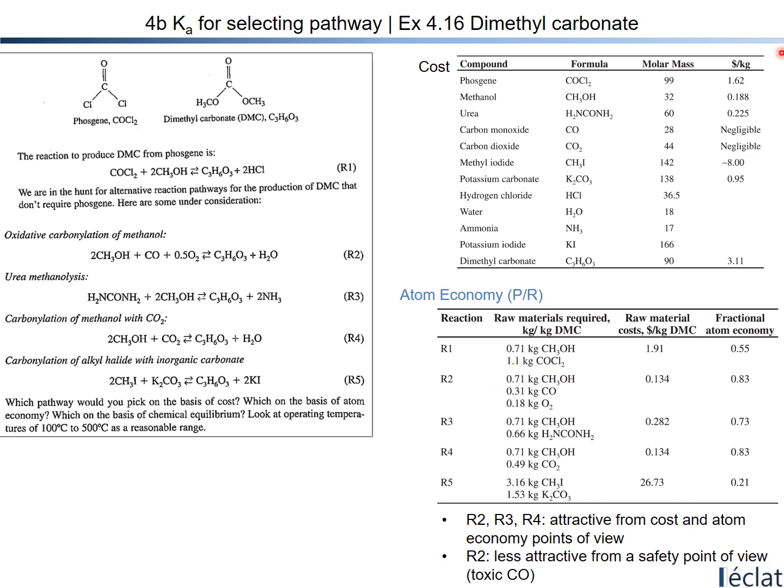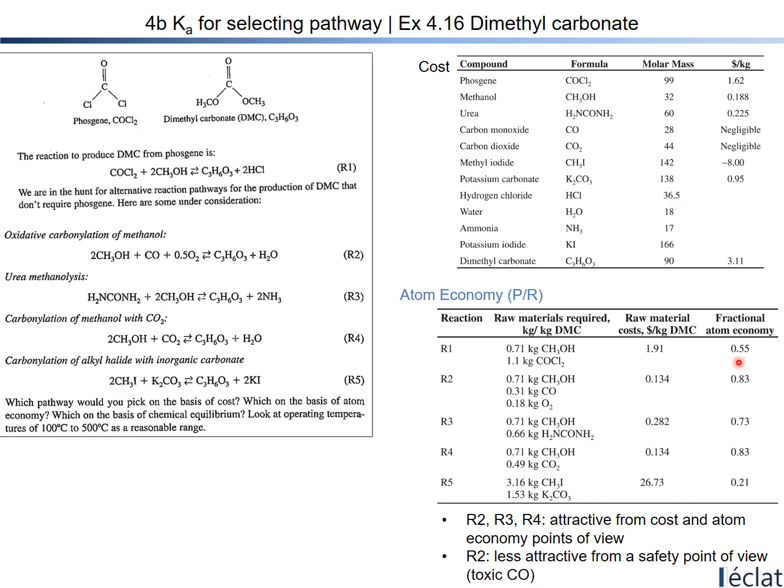By using the cost information, we could calculate the raw material cost. In this case, $1.91 for making 1 kilogram of DMC. Also, we could calculate the fractional atom economy based on the molar mass.